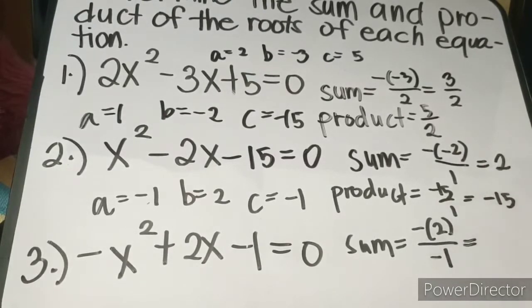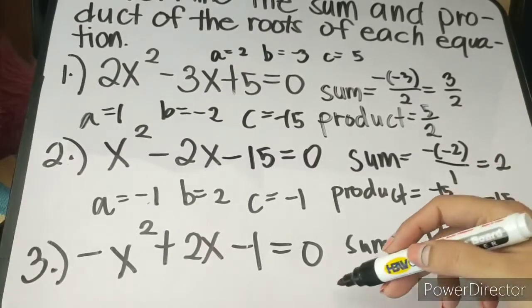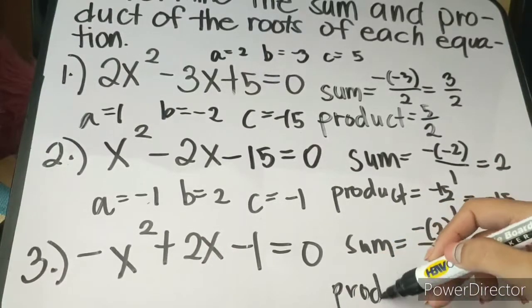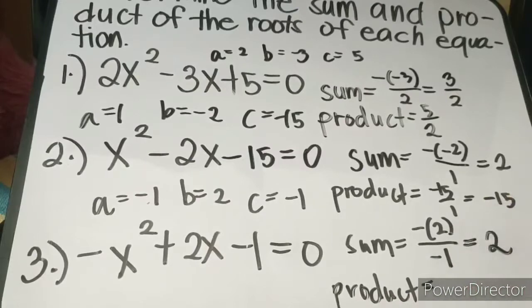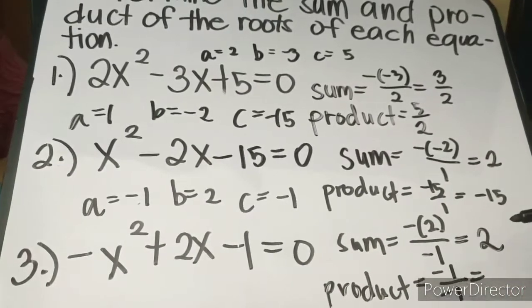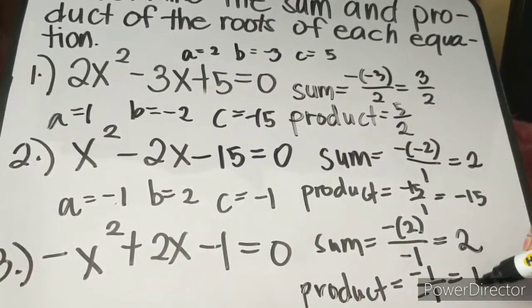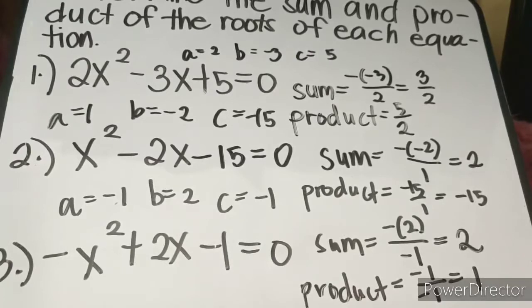So, negative divided by negative is positive. 2 divided by 1 is 2. So, our sum is 2. And product is equals to c over a. C is negative 1. A is also negative 1. So, when we simplify, that's 1.